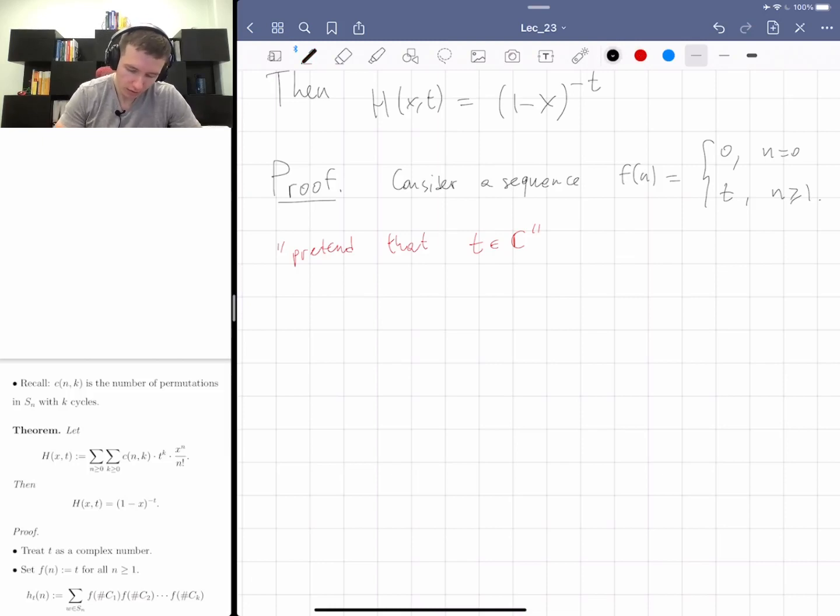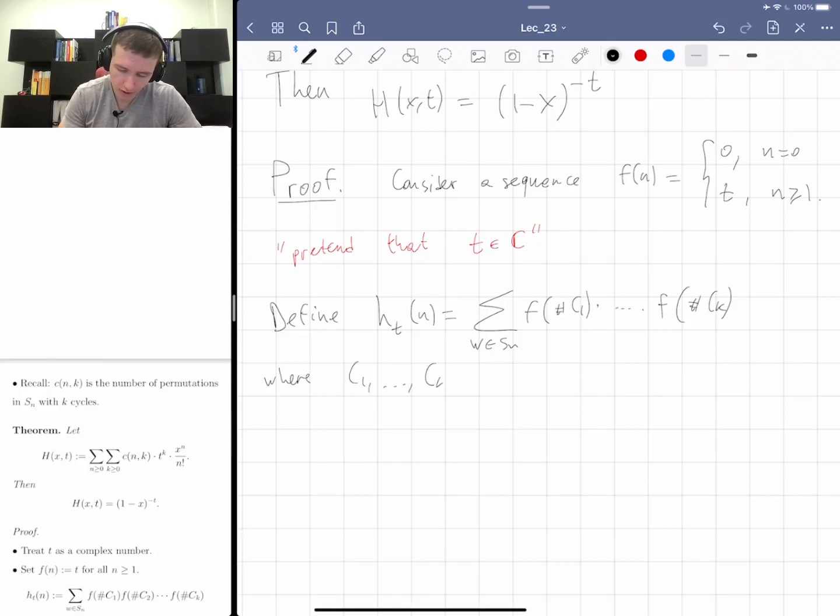So you define, let me denote by h_t(n), the sum over all permutations w of f of the size of the first cycle times etc. times f of the size of the last cycle, where C_1 up to C_k are the cycles of w.